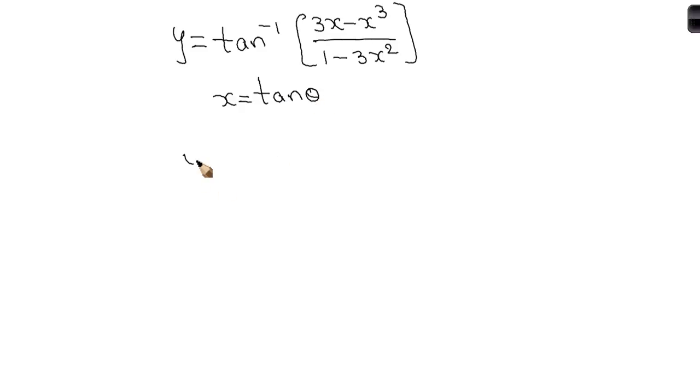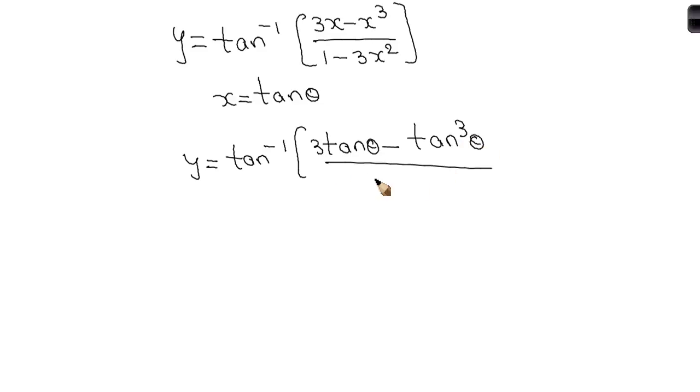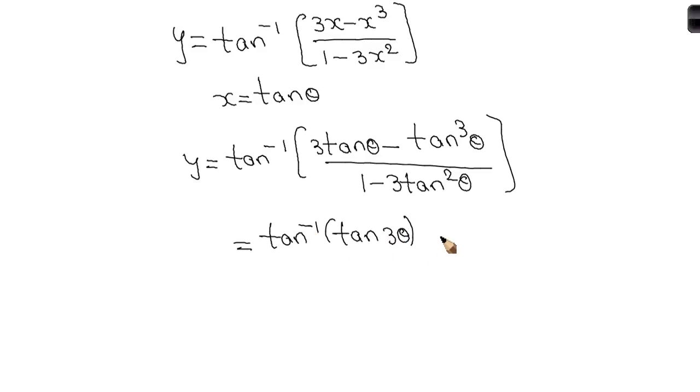So you get y is equal to tan inverse of 3 tan theta minus tan cube theta upon 1 minus 3 tan square theta. Your mind strikes, this is the formula for tan 3 theta. So that is tan inverse of tan 3 theta. This becomes 3 theta.